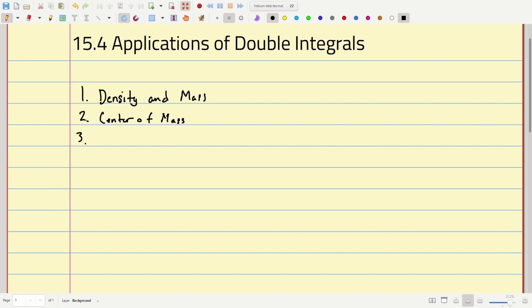The third has to do with moments of inertia. The fourth, probability. And number 5 here is expected value.